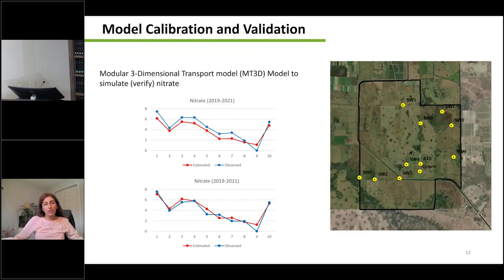So then we have looked at the water quality. For that purpose, we had the data in the area of Buck Island Ranch in different wells. The water quality has been measured for many years, long term, but we have looked at the years 2019 to 2021, for 3 years, for verification of our water quality, and you see the observed and calibrated, verified values of nitrate presented here.